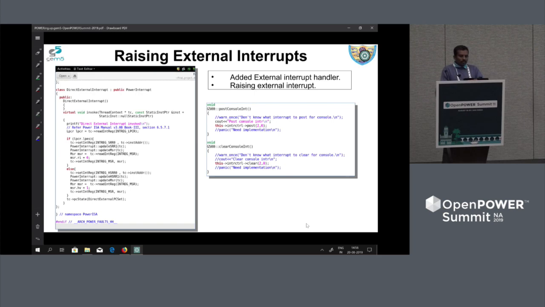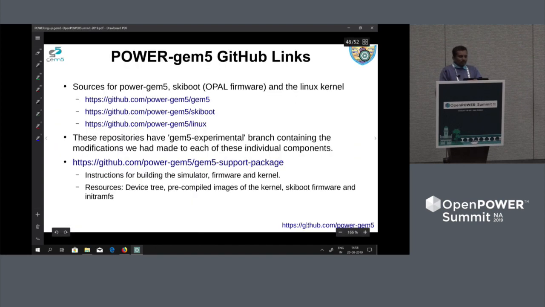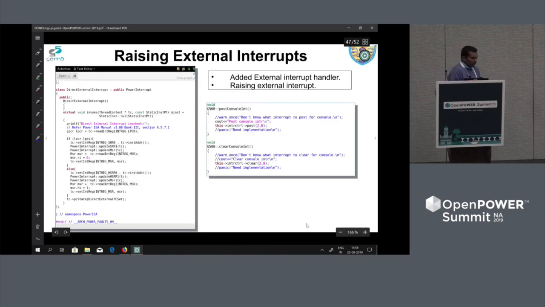Currently, we are working on the external interrupt handling, and we are putting this code in. I think we are at this stage now. The next sequence of steps we are planning: the processor model that is currently running is a timing simple processor model.